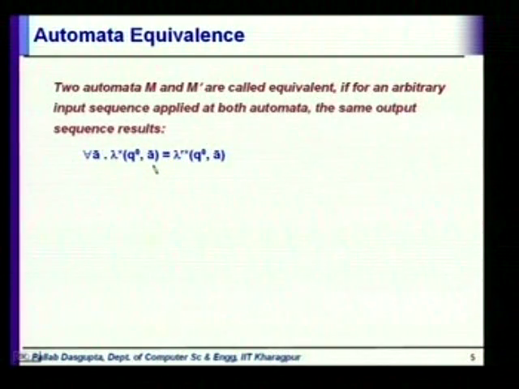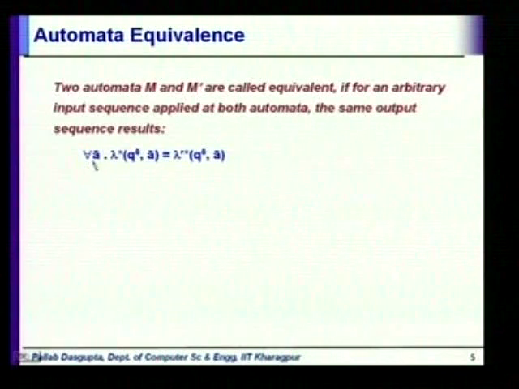I do not care what states they go through. My definition of automata equivalence is that if we start the two automata from the same state, then for the same input sequence applied on both of the automata, they are going to produce the same output sequence for every possible input sequence.